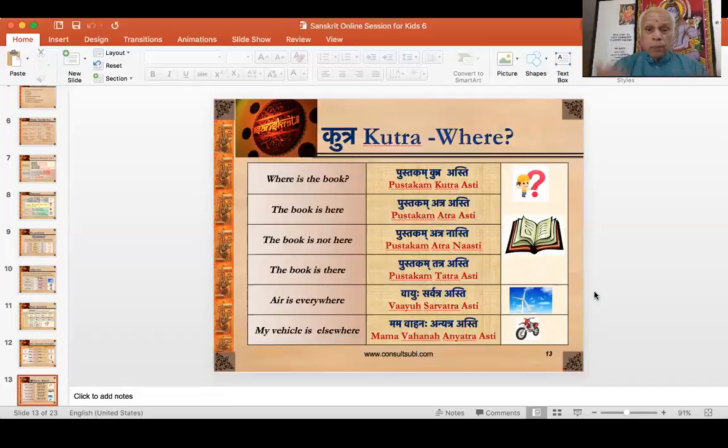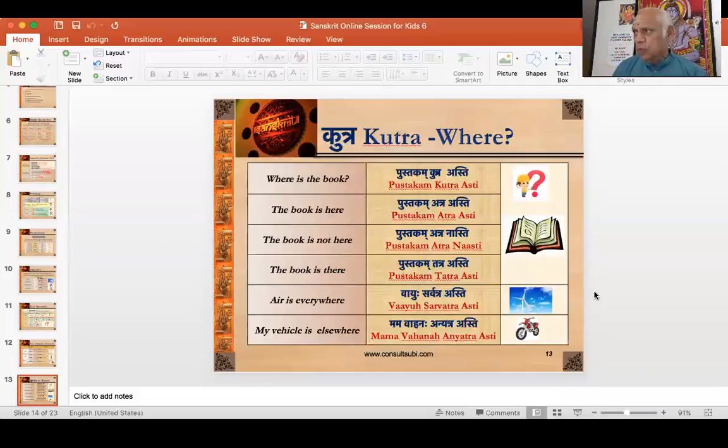So, Pustakam kutra asti. Pustakam atra asti, it's here. Pustakam atra nasti, it is not here. Pustakam tatra asti, it is over there. Vayu sarvatra asti, everywhere. Mama vahanam anyatra asti. So you've learned the words kutra, atra, tatra, sarvatra, anyatra: 5 different words to answer kutra.